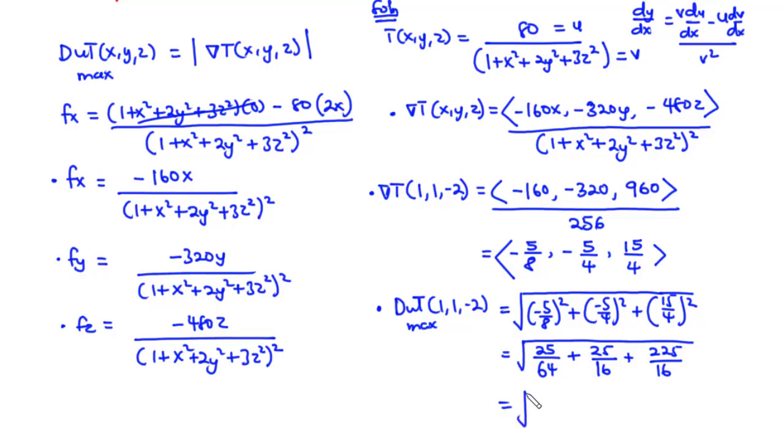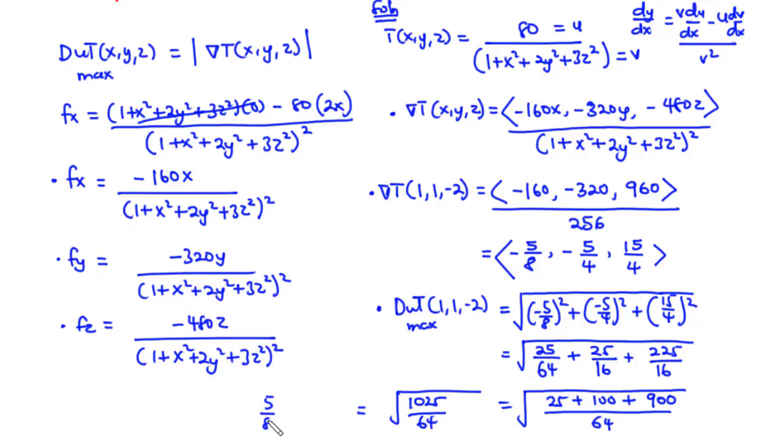And then we go further, we have the square root of, now the LCM is 64. 64 divided by 64 is 1 times 25, 25, plus 64 divided by 16 is 4 times 25 is 100, plus 64 divided by 16 is 4 times 225 is 900. So when you add everything on top, then you have 1025 divided by 64, and that is equal to 5 over 8 times the square root of 41.